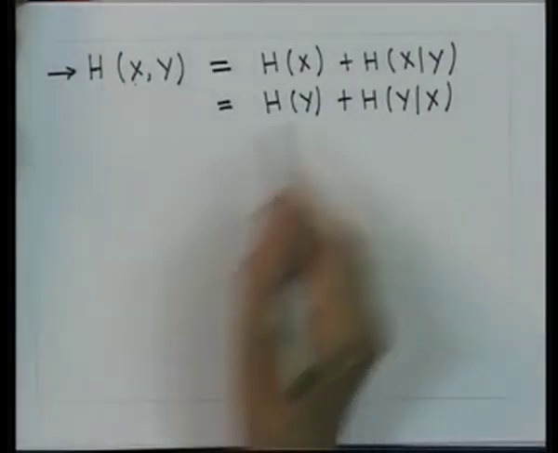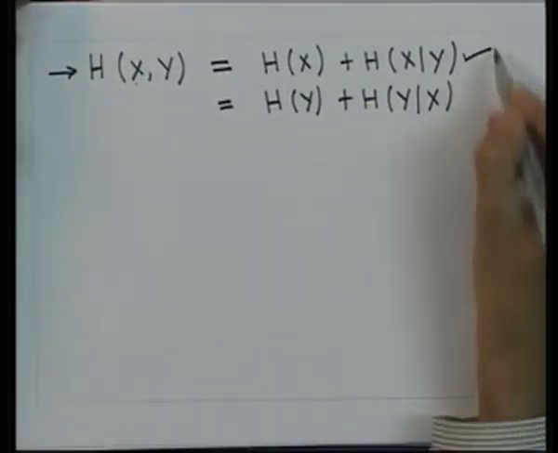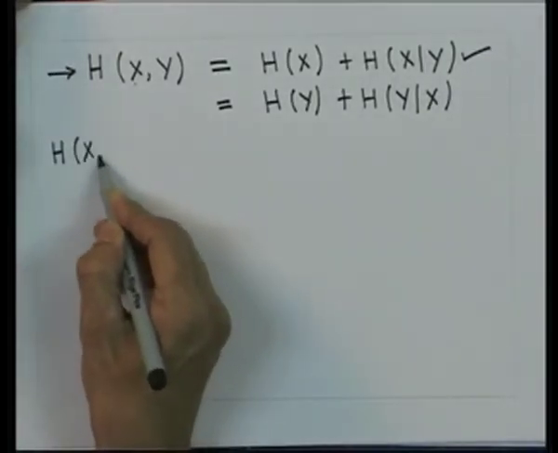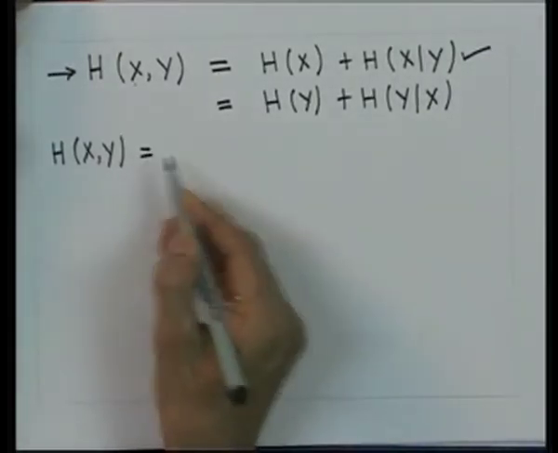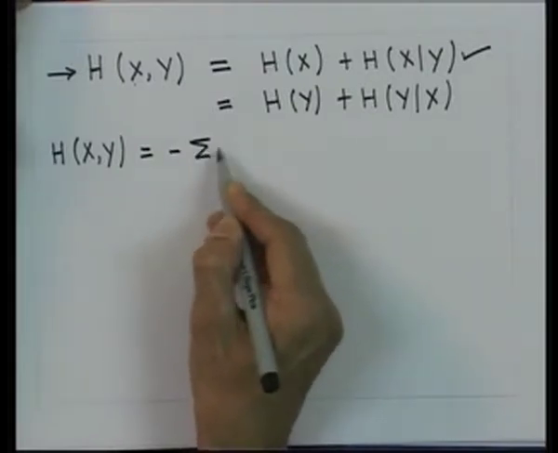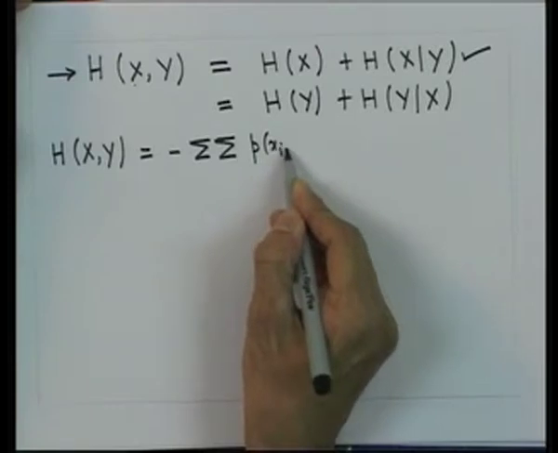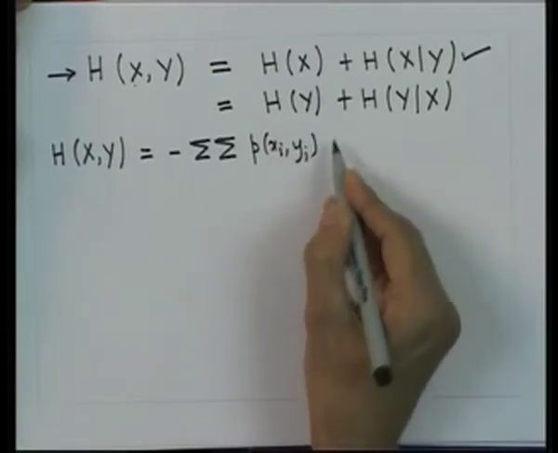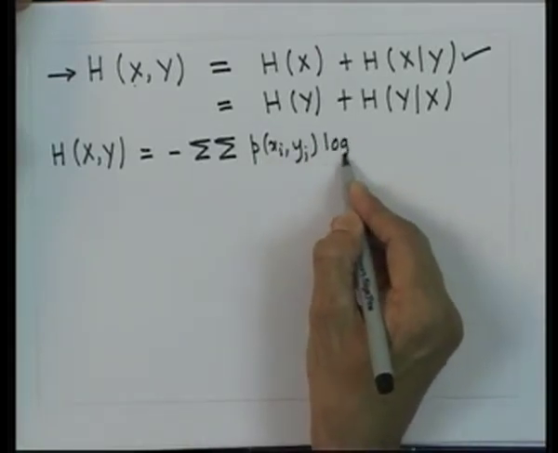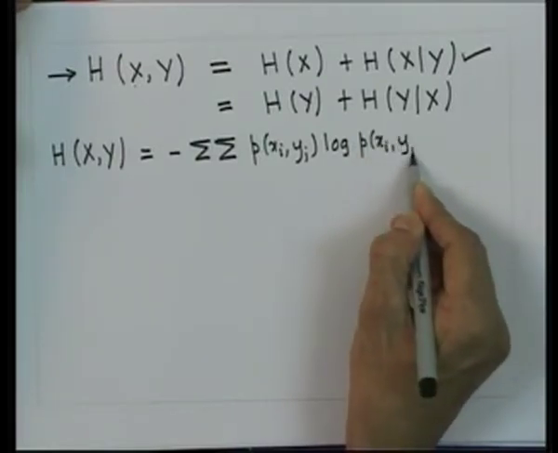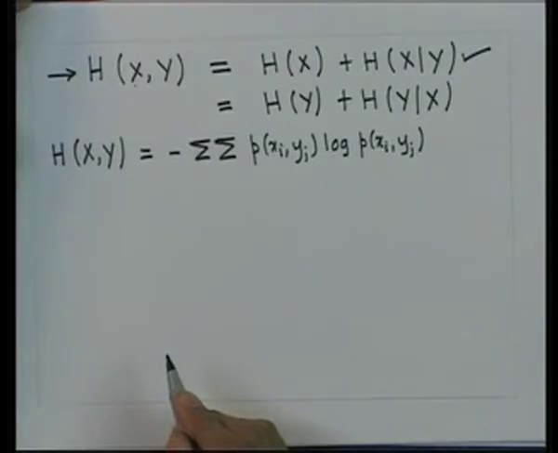So, let us try to prove this relationship. Let us try to prove the first relationship. Let us look at the definition of h of x y, which we started in the morning. So, this is nothing but probability of xi yj log of p of xi yj.